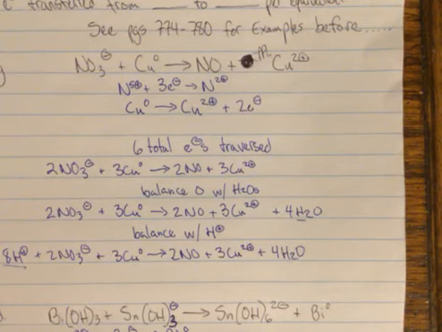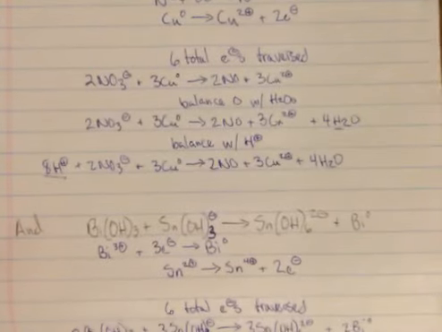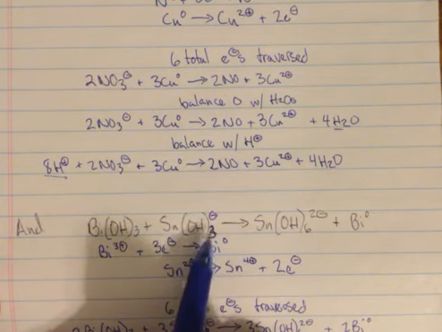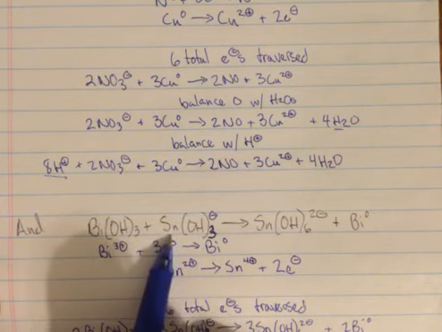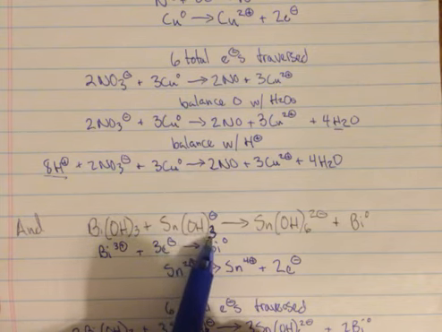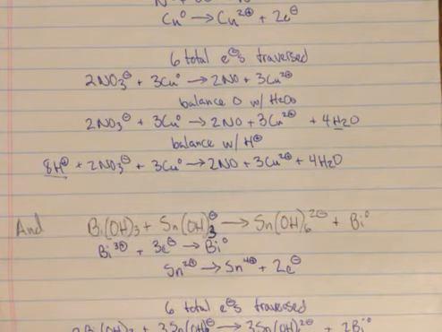Okay. Now for the basic conditions problem, again, just to make sure everything is properly balanced. I don't know why I had this wrong, but nonetheless, tin on the reactant side is going to be bunched up with 3 equivalents of OH minus. So that's going to be a net negative charge. Please make note of that.